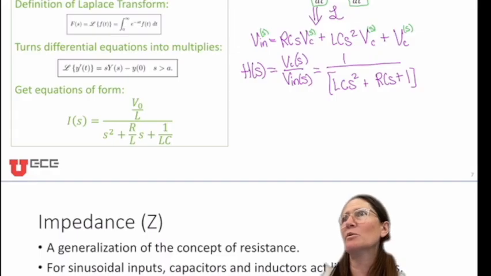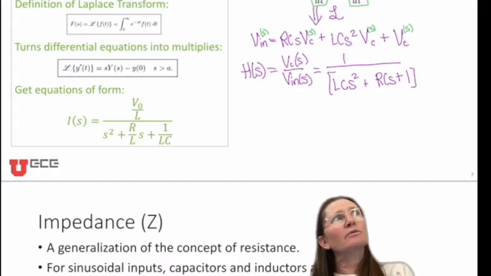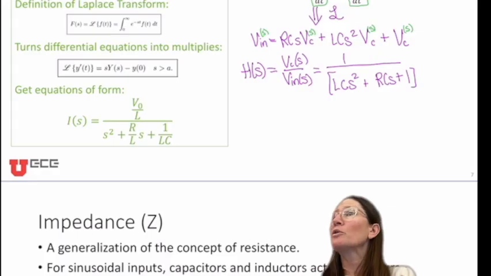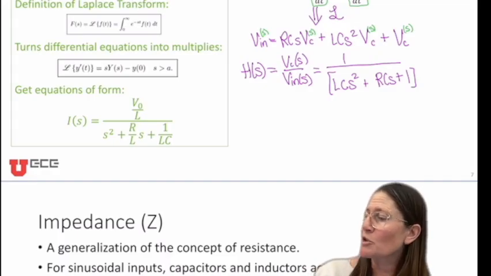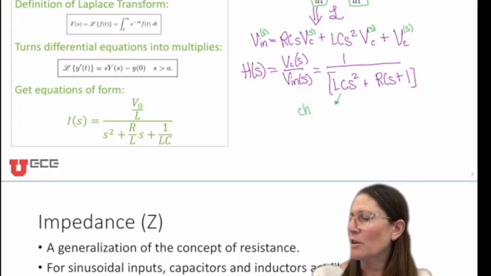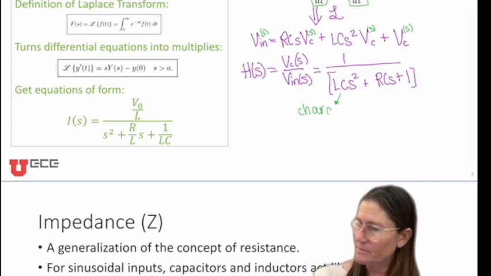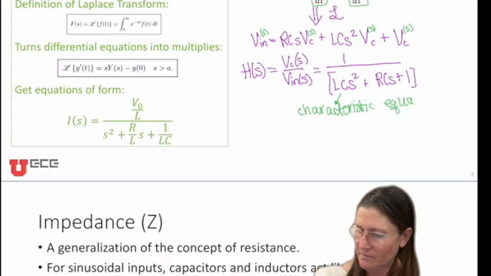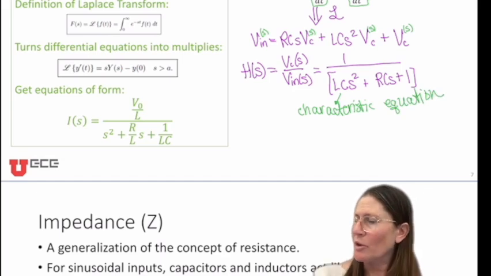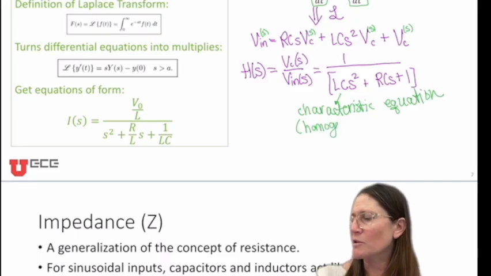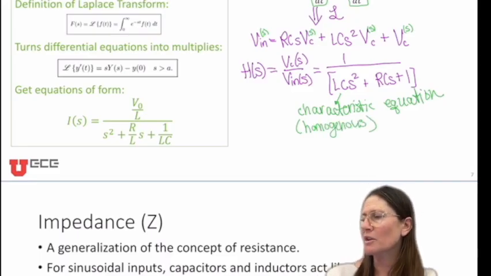If we factor this, we then can look and find our exact roots. So factoring this to find the roots of this system are the poles of our system too. So if we were to graph this, it would be 2 poles. So characteristic equation, and this is the homogeneous solution here. So we have ignored the initial conditions.